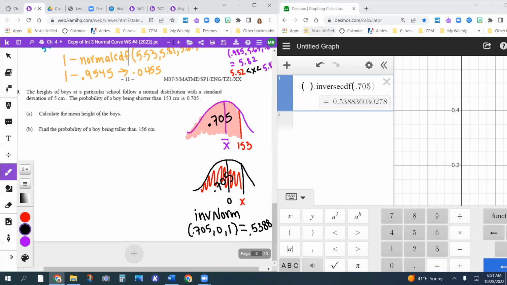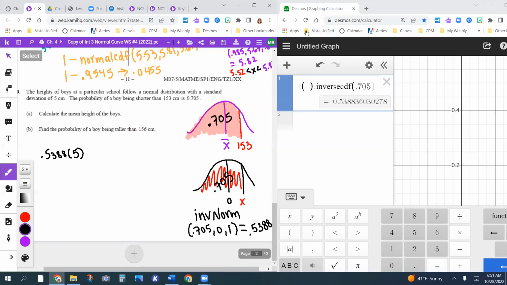Now, each of my deviations is 5. So what I'm going to do is take that 0.5388 and multiply it by 5.